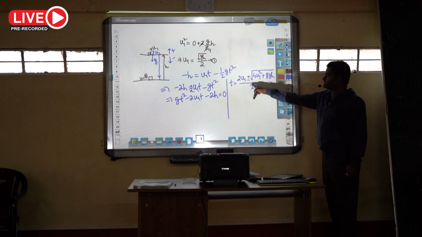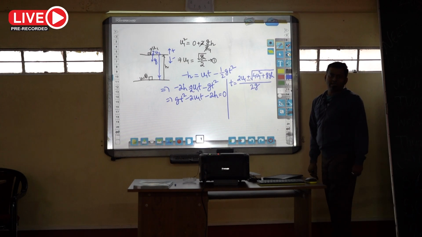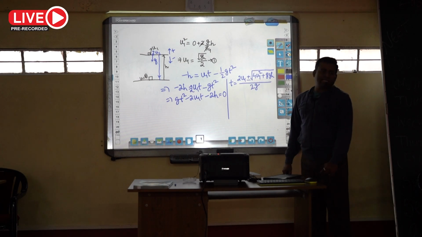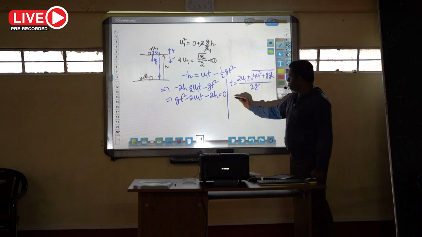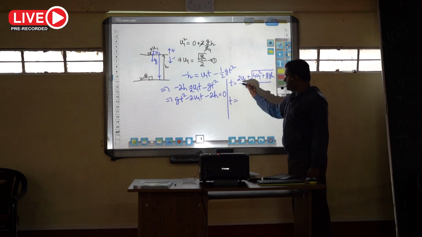Now obviously this minus sign will not work here because it will give you a negative time, so that is not the possible answer. So t will be only the positive value of this.